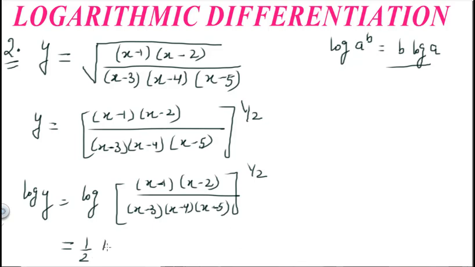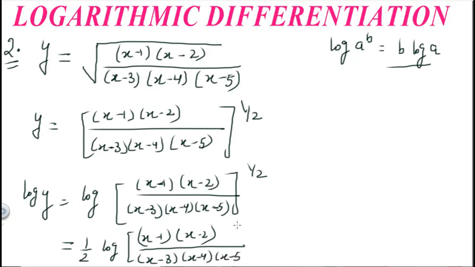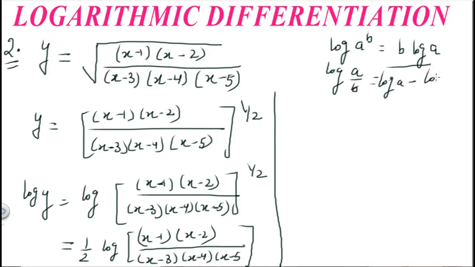1 by 2 log of, you have x minus 1, x minus 2 divided by x minus 3, x minus 4 and x minus 5. Clear? So now the power is in front. Now you see carefully, we have log of a upon b. Log of a upon b means log of a minus log of b. This is also the property of log which we have already discussed.